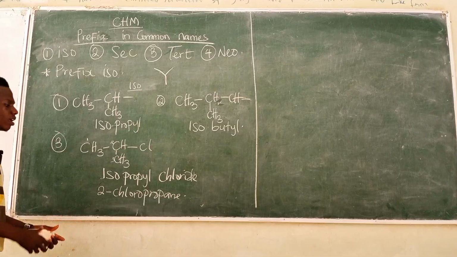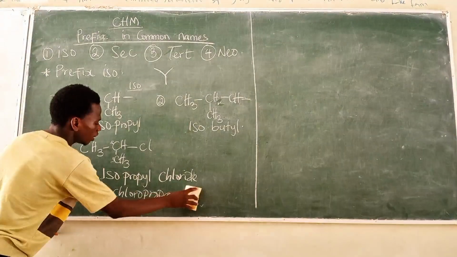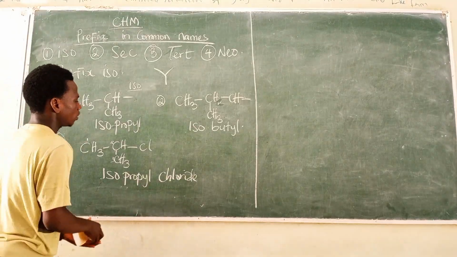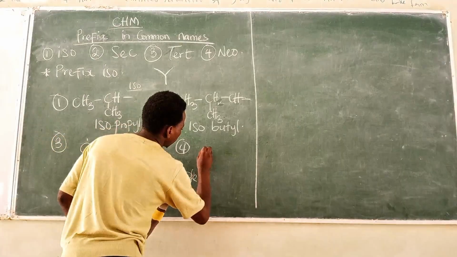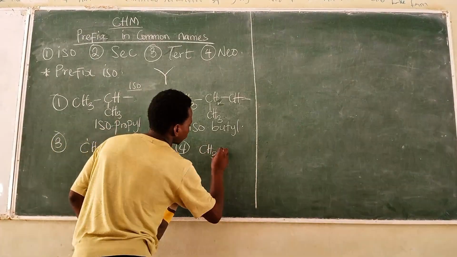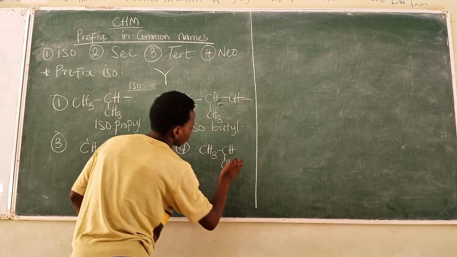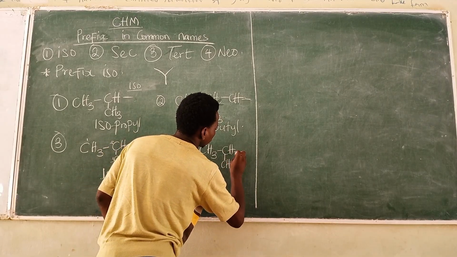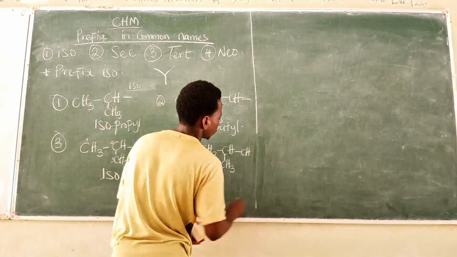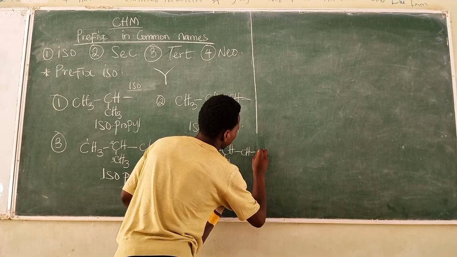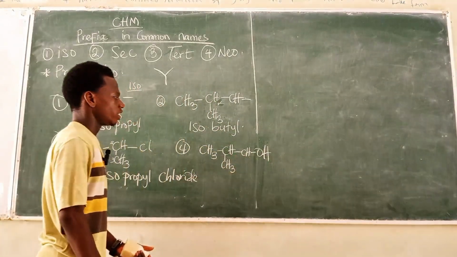So this is how you are able to identify an iso in an organic compound. Let's say we have another example. Let's call this example 4. Now we have it this way. Let's say now we have an OH attached to it instead.